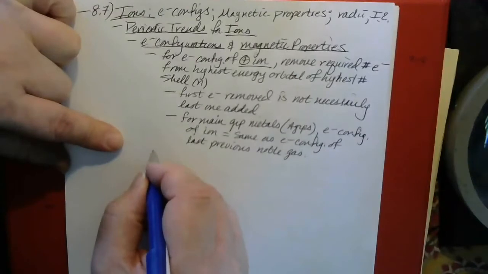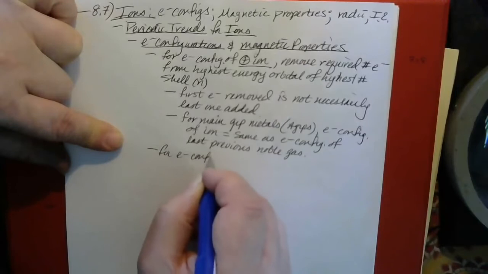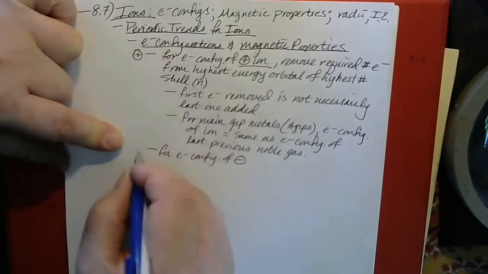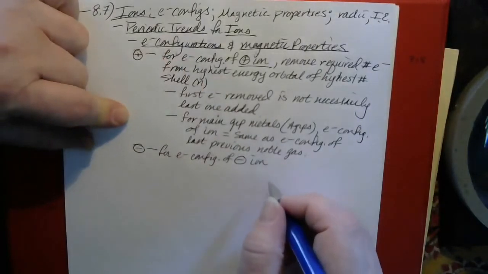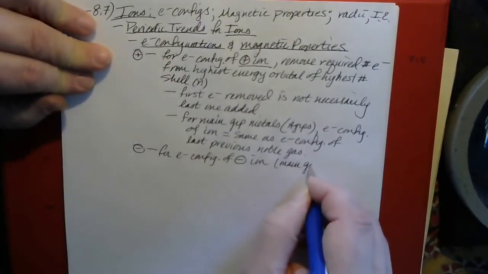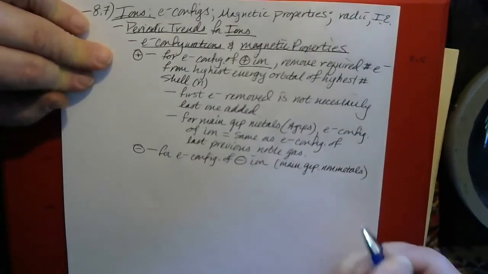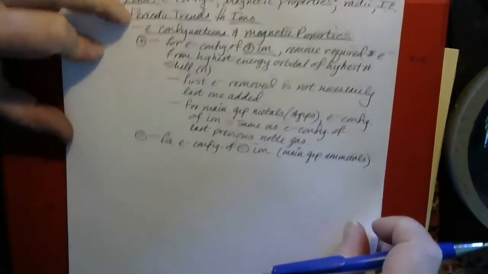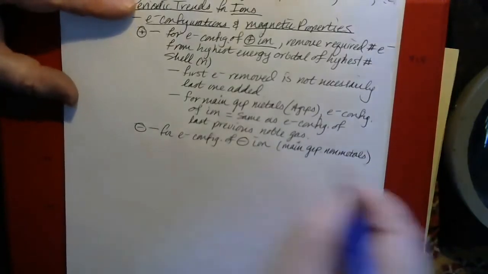Okay, last previous noble gas. For a negative ion, and so this up here is plus, this here is minus. For these, we're talking main group nonmetals, although that's a bit redundant because all of the nonmetals are in main groups. Basically, what you do is you add the requisite number of electrons.